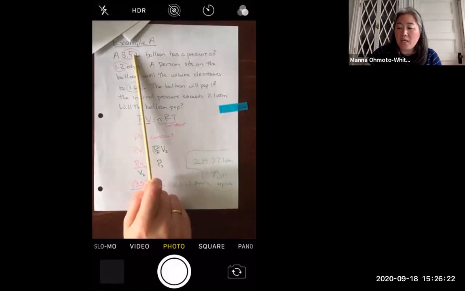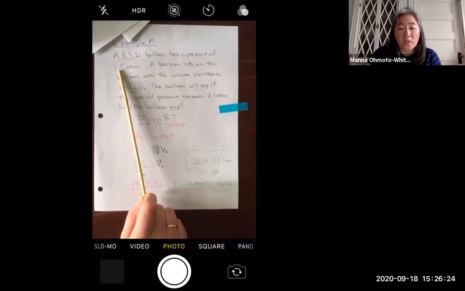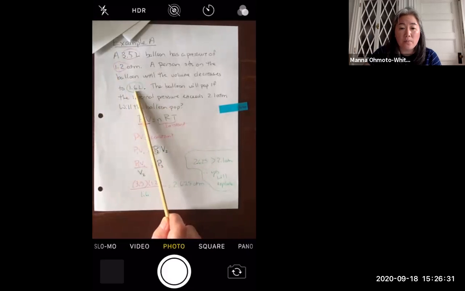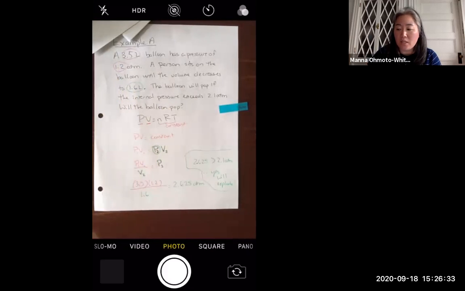So this P times this V will equal a constant, and that constant will be the same constant as the new pressure times the new volume. So because they're all equal to the same constant, I can keep them equal to one another and say my initial pressure and volume, or P1V1, is going to be equal to my new pressure and volume, or P2V2.